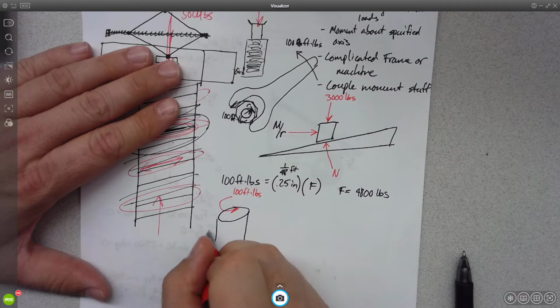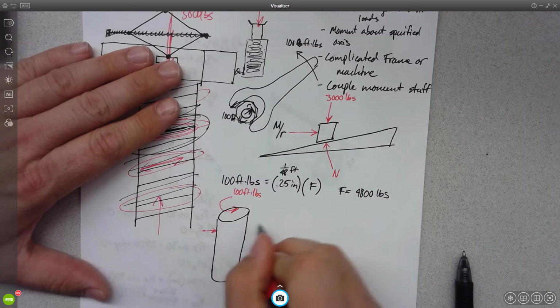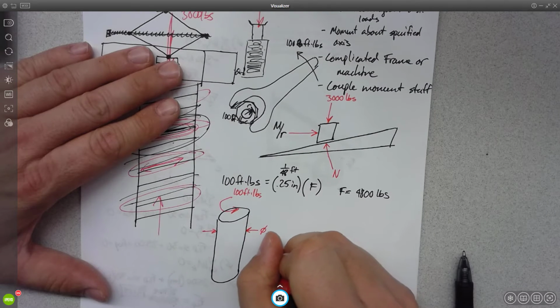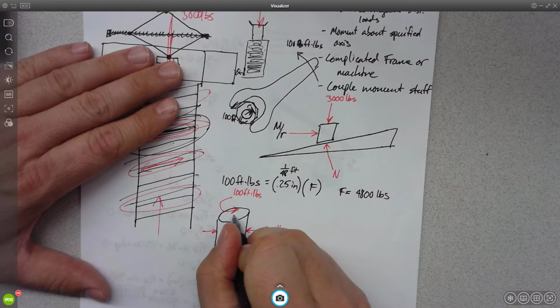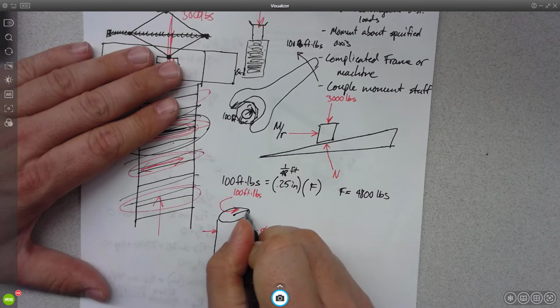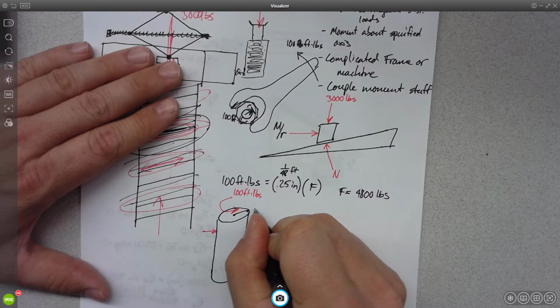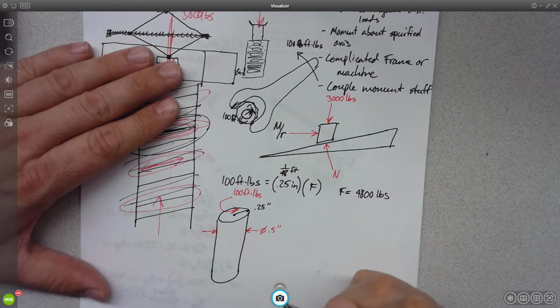We're also saying that the bolt has a diameter of 0.5 inches. So that means that it has a radius from the center to here of 0.25 inches, right?